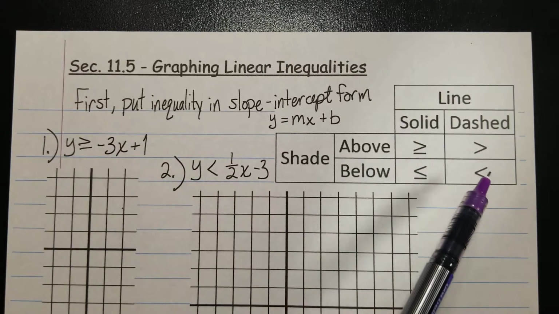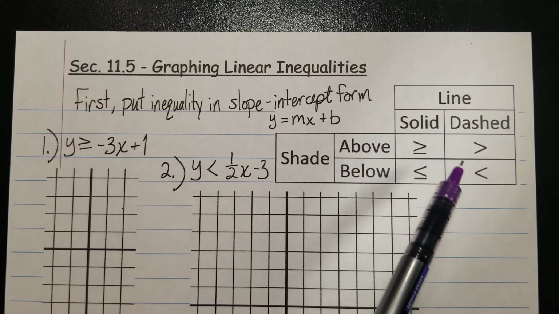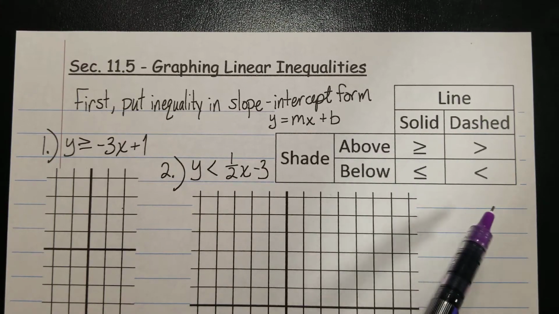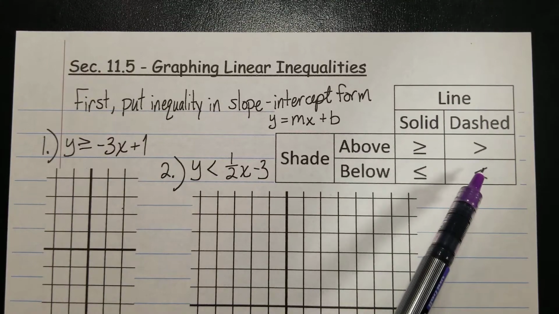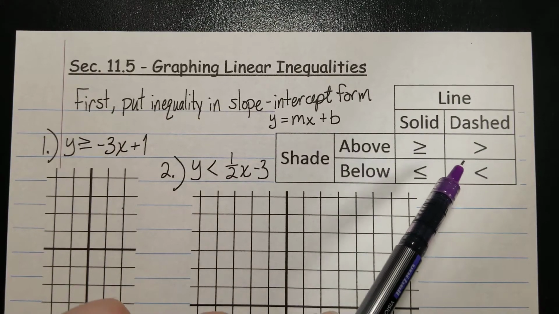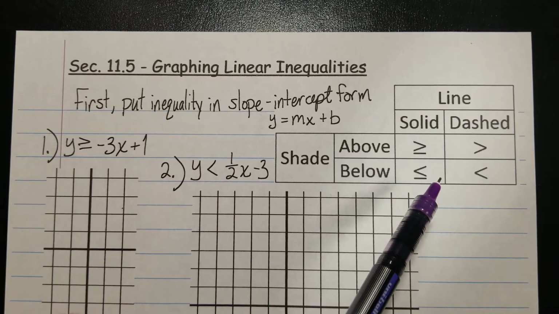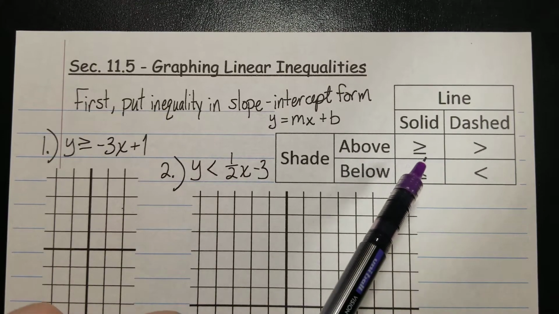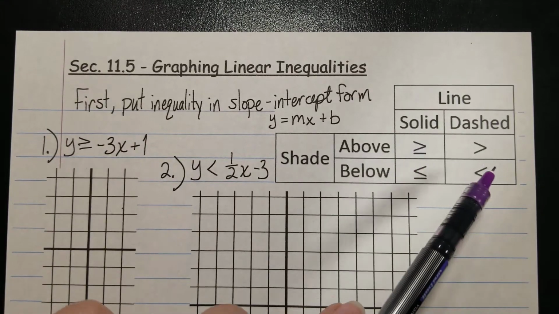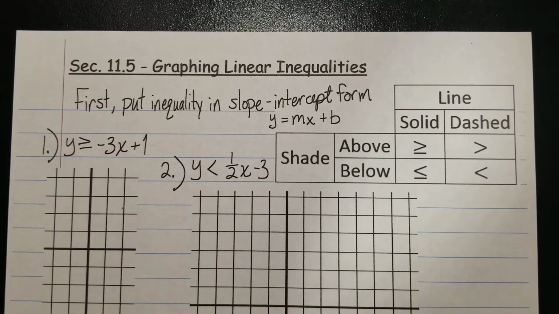Otherwise, you're going to draw it as a dashed line. Here, the points that are on the line are included in the solution, and in this case, the points on the line are not included in the solution. Yeah, we did this before. It's just like the difference between a solid dot versus an open circle, a square bracket versus a parentheses, okay?